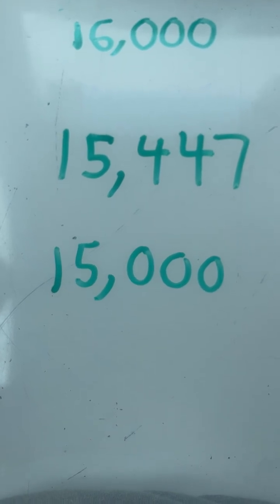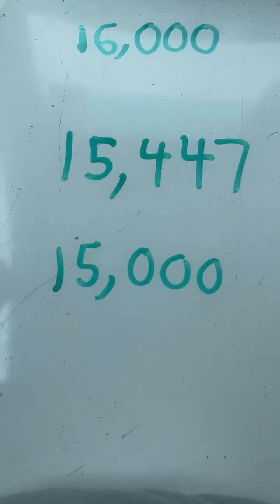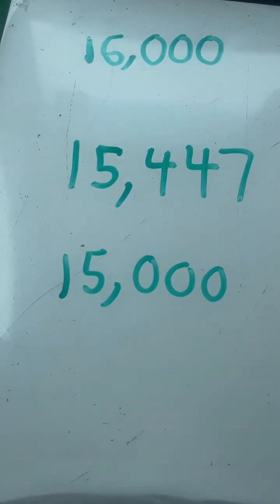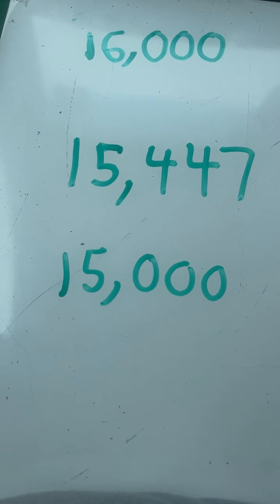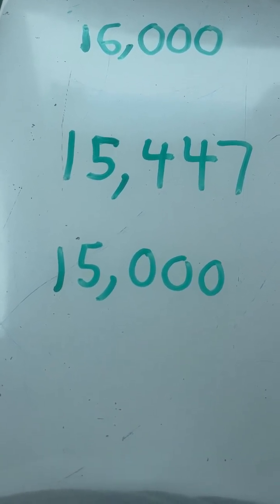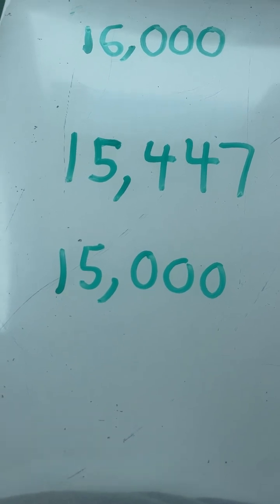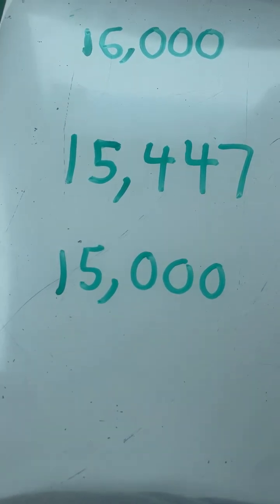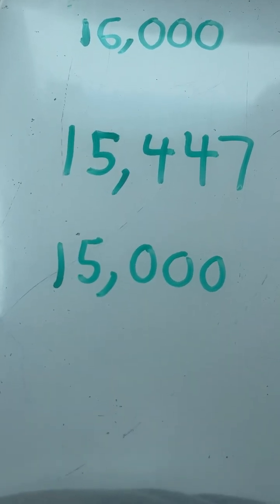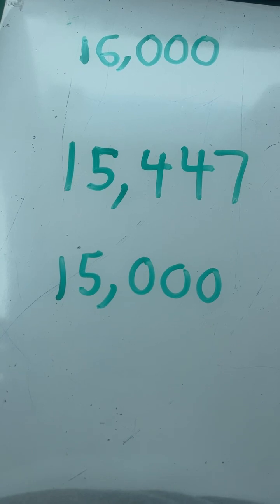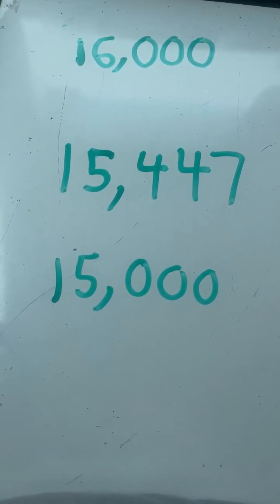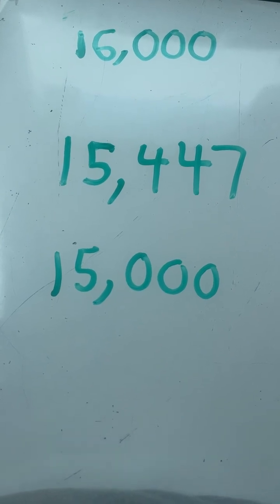Put a 1 in the chat if we round down to 15,000. At the 6-minute 45-second mark, I'm going to answer if I don't see an answer in the chat. This is your chance to participate.